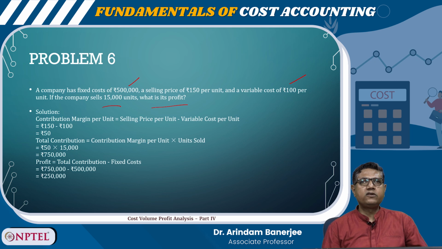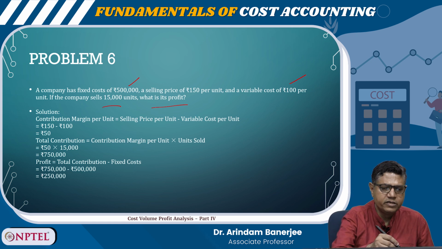So, fixed cost is given, rupees 5 lakh, the selling price is given, rupees 150 per unit, a variable cost is given, 100 per unit, and the company sells 15,000 units. So, what is its profit?